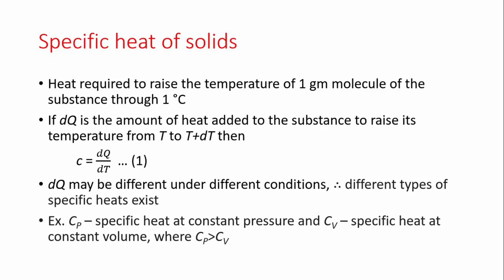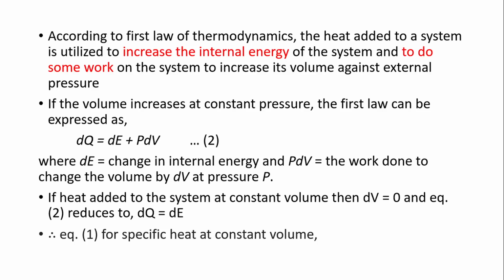On the other hand, if dQ is added to the substance by keeping its volume constant, then we obtain the specific heat at constant volume. The relation between them, Cp and Cv, is that Cp is always greater than Cv.